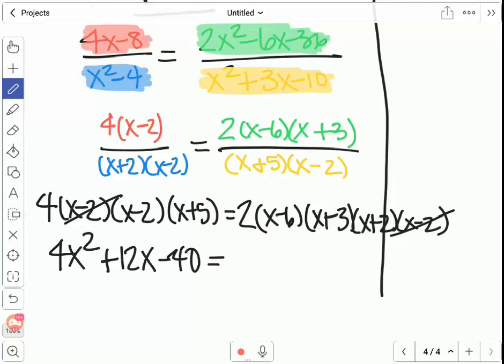And on the right side, you end up with 2x to the third plus 2x squared minus 42x minus 72.